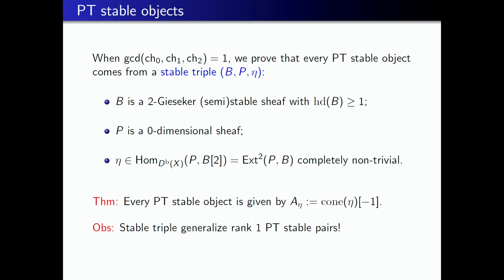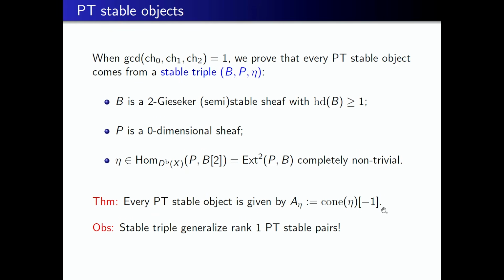Never mind too much what that is. And a 0-dimensional sheaf, and a morphism in the derived category from P to B shifted by 2, some Ext^2 class, some eta from P to B. Then every PT stable object is given as the cone of this morphism, right?